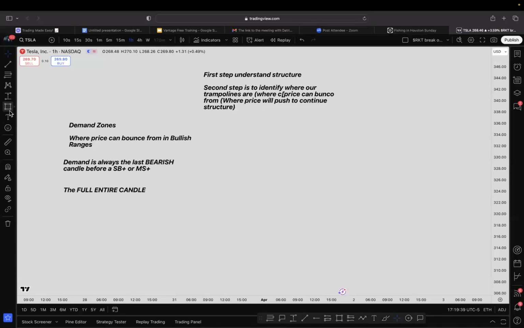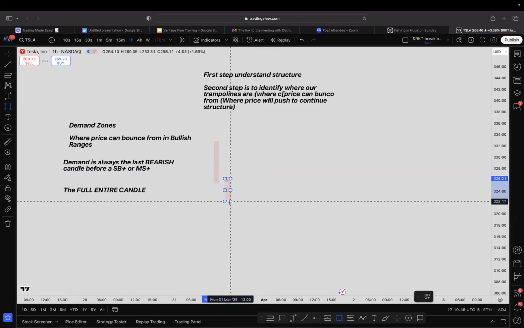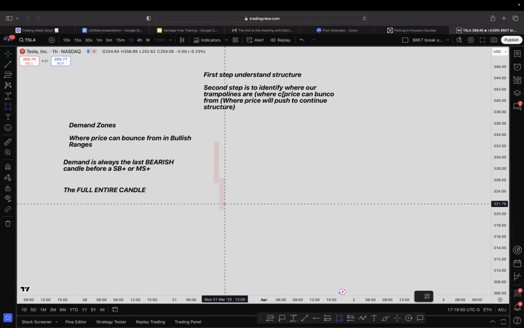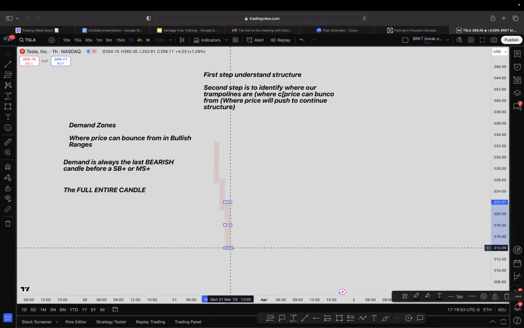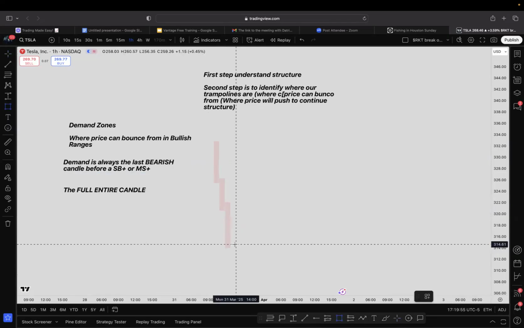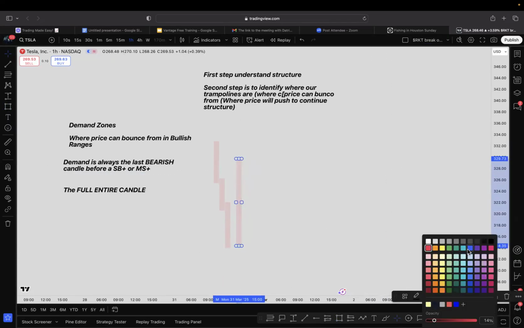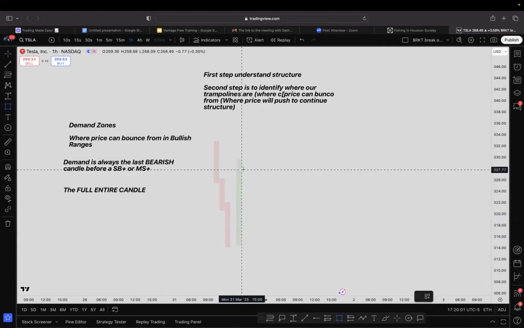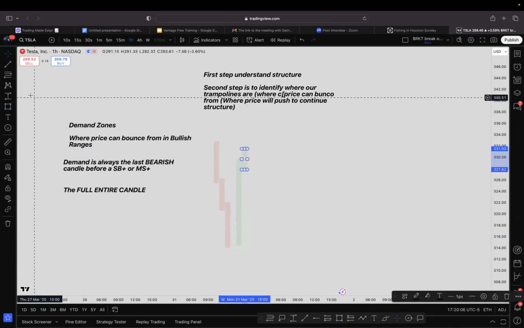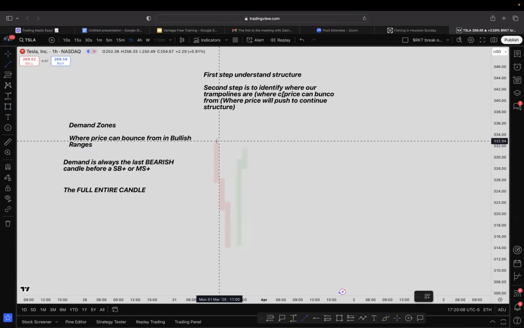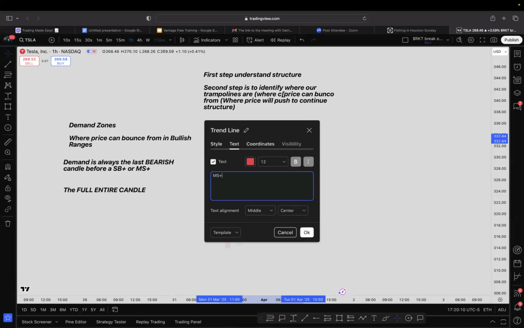So if we had, let's say, red candle, red candle, red candle, let's say we had green candle, green candle. Let's say the break of this high here gives us this market structure shift to the upside.